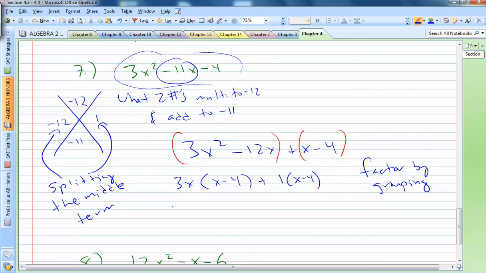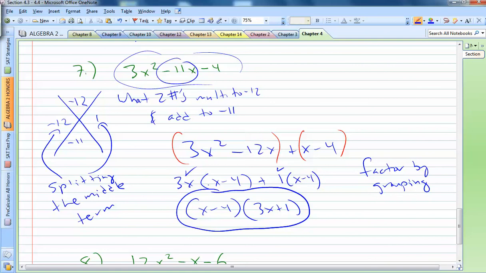And notice how 3x is being multiplied to x minus 4. 1 is also being multiplied to x minus 4. So it's almost like you could factor out x minus 4 as an entire group, leaving with just the 3x and the plus 1. So if you pull out the x minus 4, leave behind the 3x plus 1, and now you have it factored. So this gives us a more foolproof way of factoring the more complicated trinomial expressions or quadratic expressions.